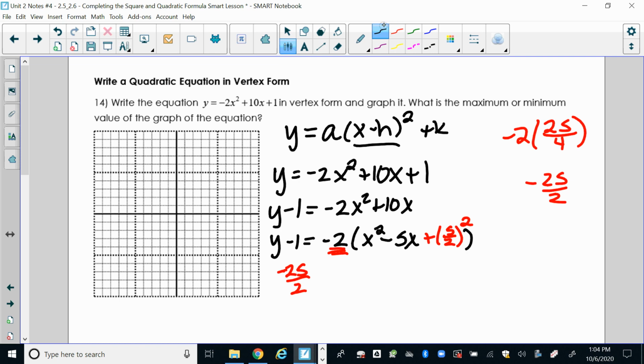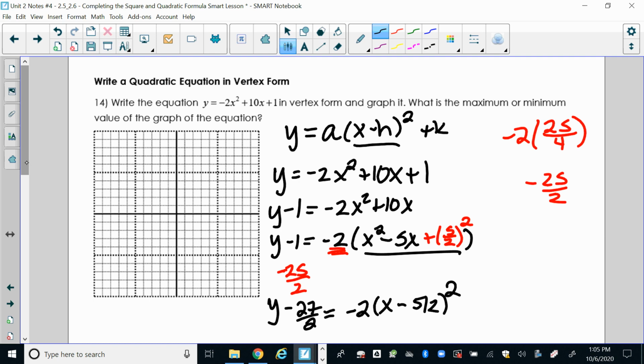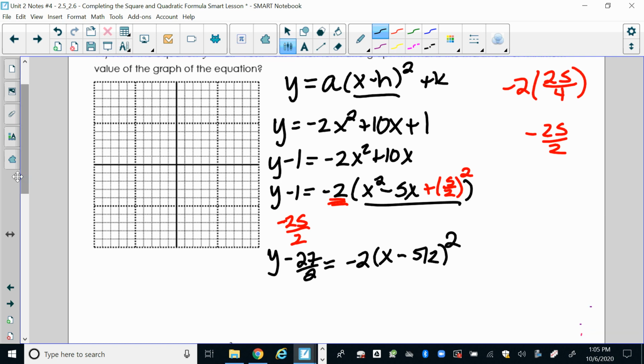So on the left-hand side, -25/2 minus 1 is -27/2. On the right-hand side, this quadratic factors to be the quantity x minus 5/2 squared. So we're almost there.